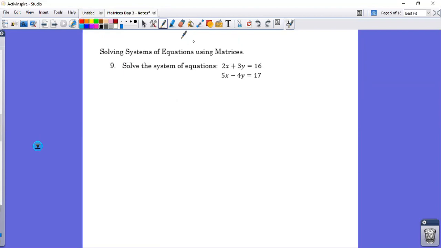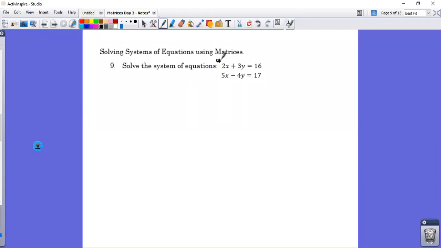Okay, so here's one of the really useful things with matrices that they don't teach you in Algebra 1 and Algebra 2, which would have been nice. But solving systems of equations, if I did this system of equations by hand, if I'm going to use elimination, I'm going to have to multiply so that I want to match up the y's.